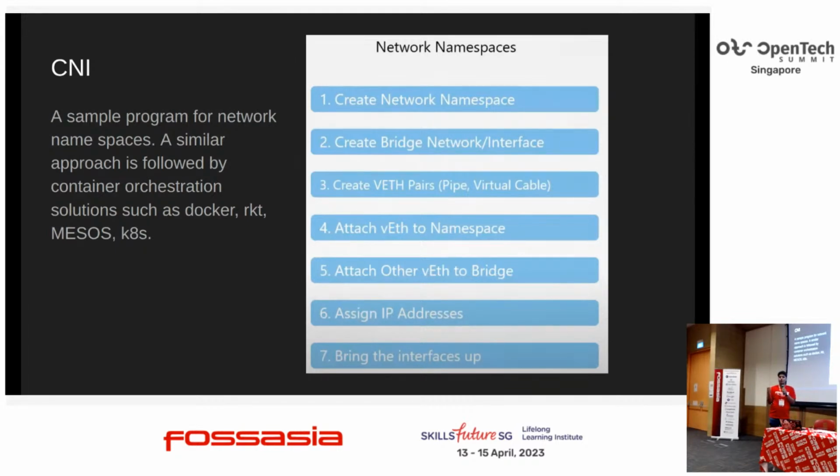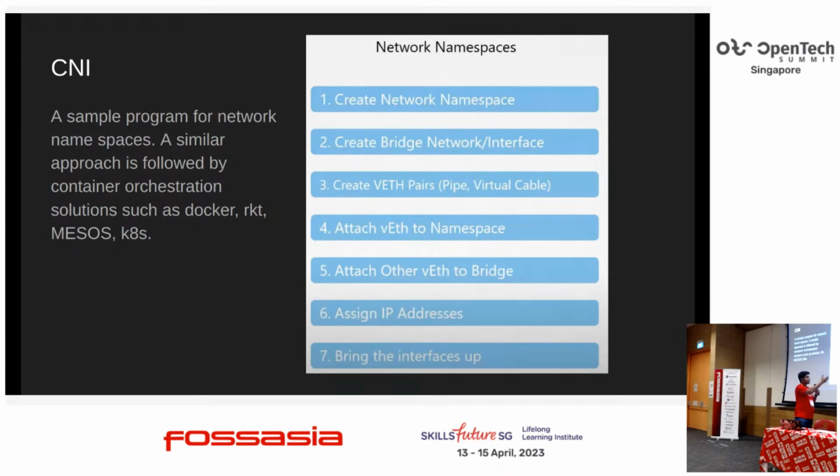Why virtual? Because we are dealing with containers and not virtual machines or physical hardware, so any networking component we deal with is going to be virtual. We attach one end of the pair to the network namespace and one end to the bridge. Once we have that, we finally assign the IP address to uniquely identify that pod, and we bring up the interfaces. This is how the interface comes up and the pod goes live.